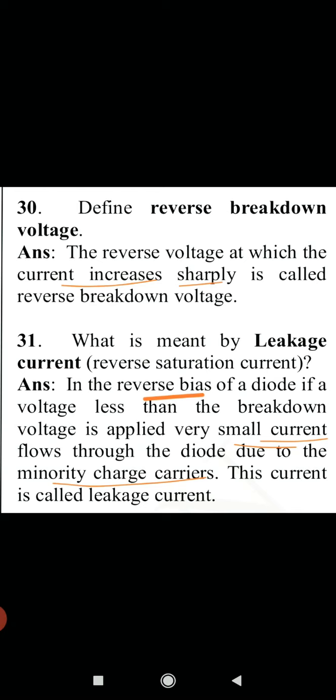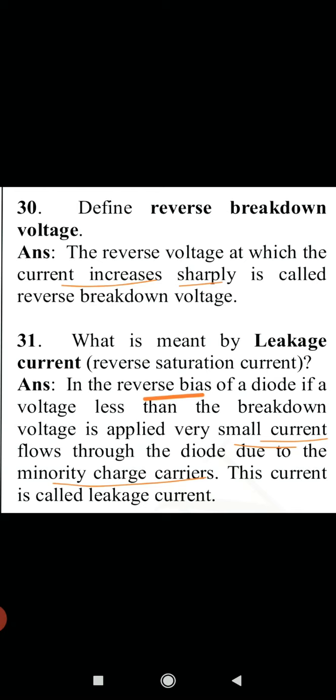Next, what is leakage current or reverse saturation current? First you want to know that leakage current, or reverse saturation current, is a feature of reverse biasing.